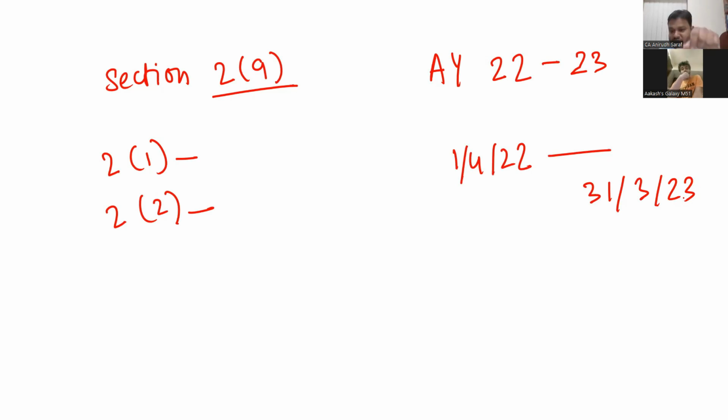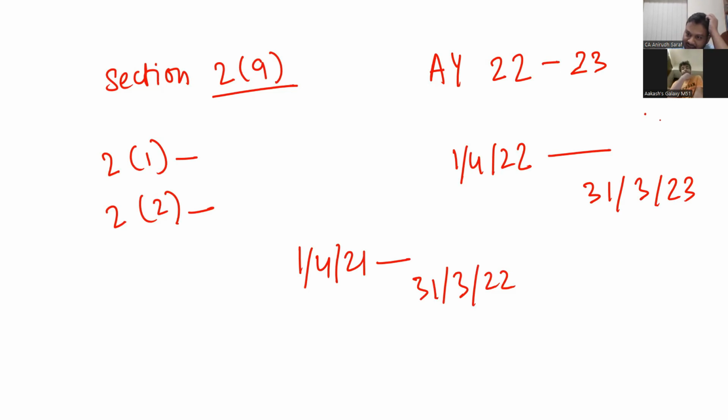So which is the previous year relating to this? The preceding financial year, 21 to 22, that is 1/4/21 to 31/3/22. That is the previous year. This is the AY and this is the PY.